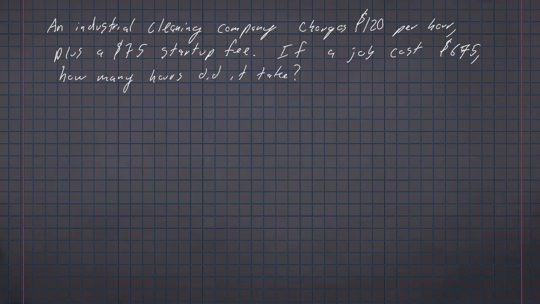When I approach a problem like this, the first thing I want to do, as has often been the case in this course, is to strip away all of the excess detail. I don't care that it's an industrial cleaning company. I don't care that the $75 is a startup fee.